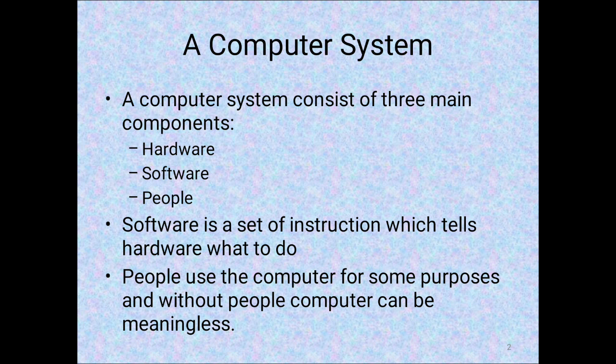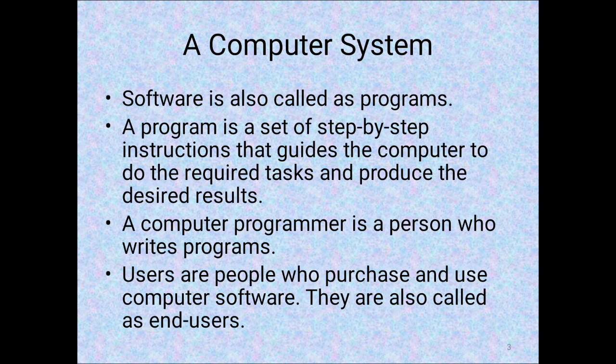Software is a set of instructions which tells hardware what to do. As I said, software can control the hardware, and people are those who can work on the computer system, that is the user. Software is also called a program. Then what is a program?